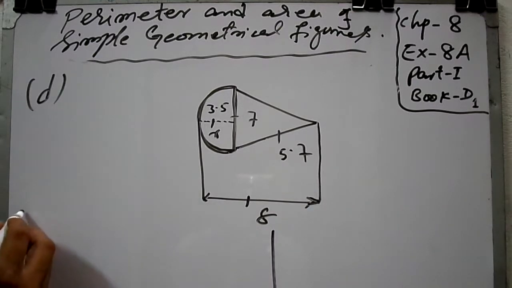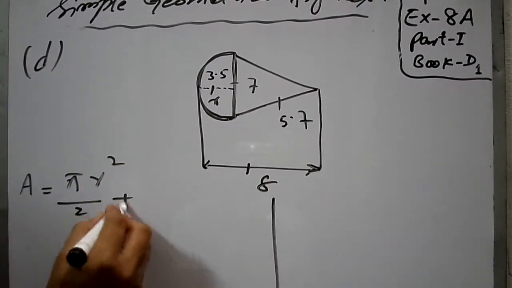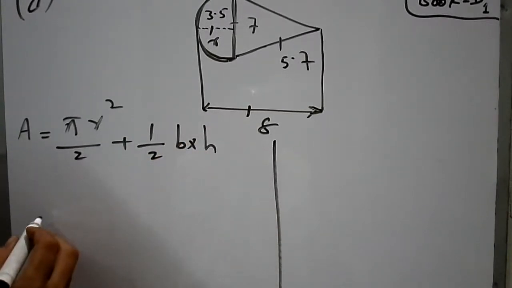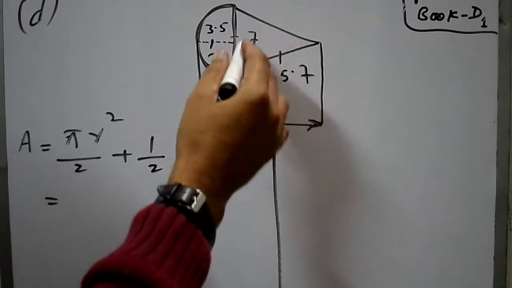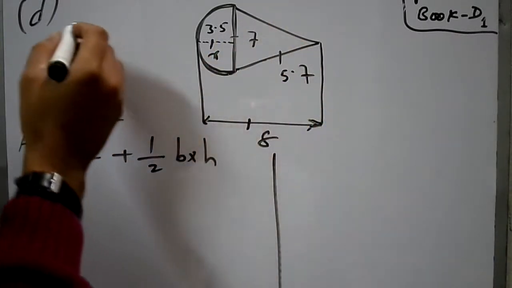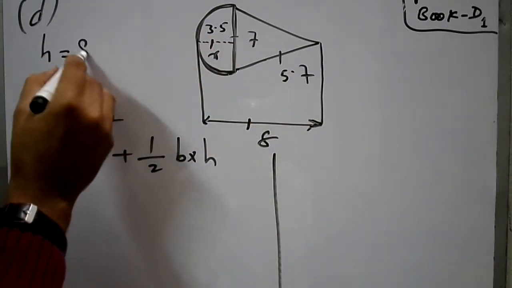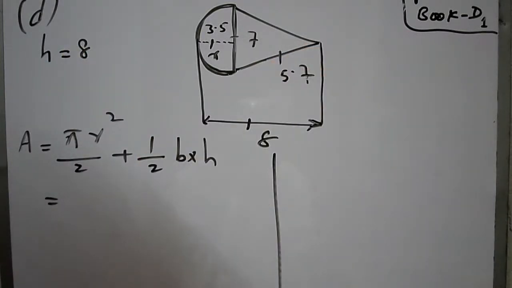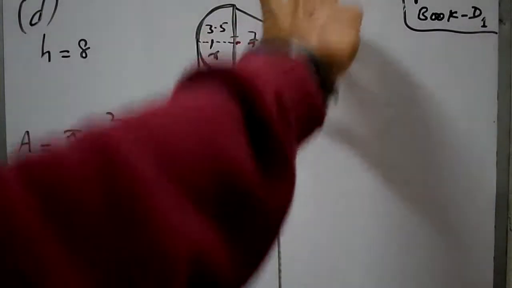So here the area is pi r square by 2 plus half base into altitude. We have this formula in this case, because it is a triangle, the area of a triangle is half base into altitude. So the question which arises in our mind, how can we find the height h? Okay, the height h is equal to 8, because we have to find the height of the triangle, that is if we invert the triangle like this.